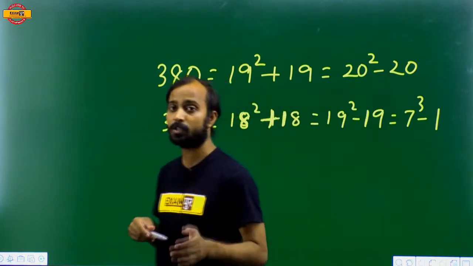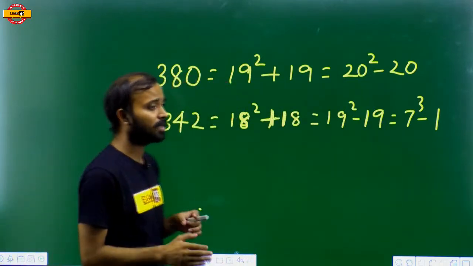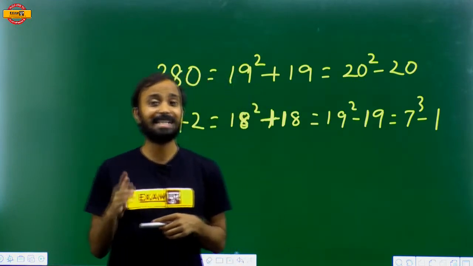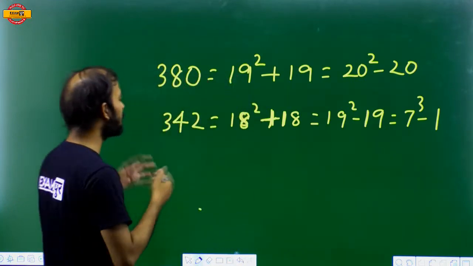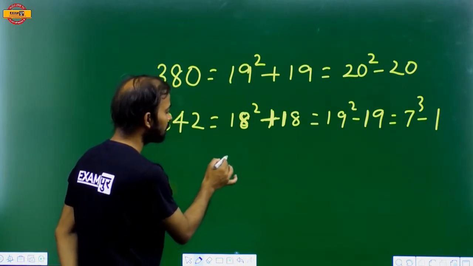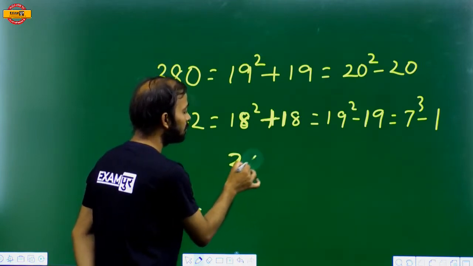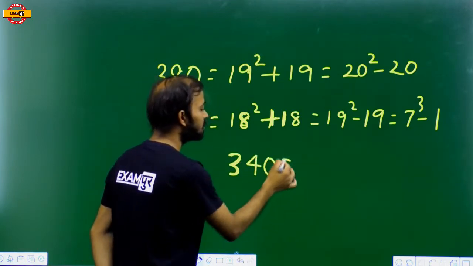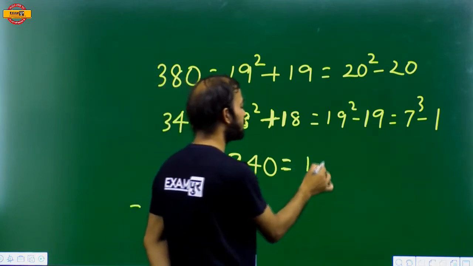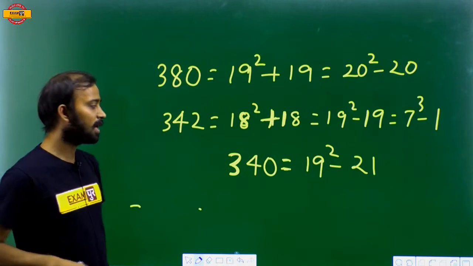First of all, analyze all the numbers related to squares and cubes, then you can go through the number with the help of squares and cubes, but do not go merely nearer to squares and cubes. For example, someone says 340 can be represented as 19 square minus 21.